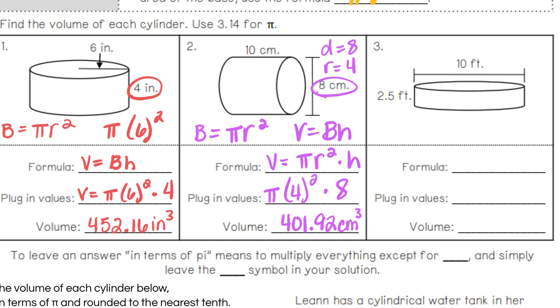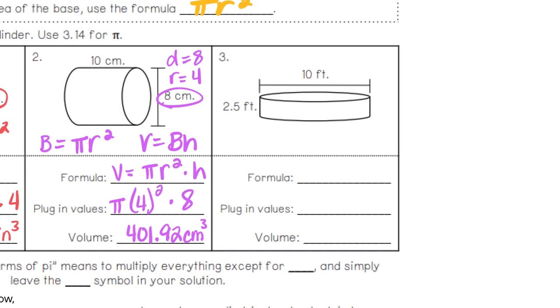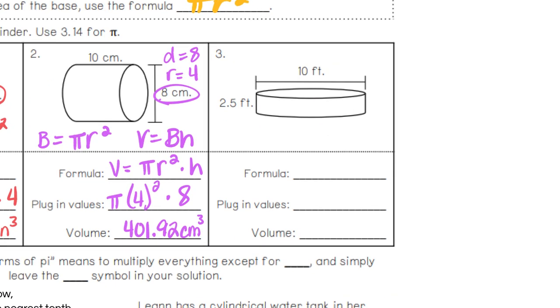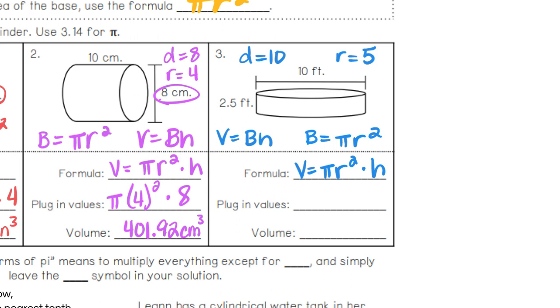All right, on to the next. Again, we're talking about our volume of a cylinder. So our formula would be volume equals area of the base times height. Our base is a circle, so this would be pi r squared. Of course, I'm given a diameter of 10, but I need a radius. So half of 10 is 5. So I'm going to put all of this together. So volume equals pi r squared times the height.